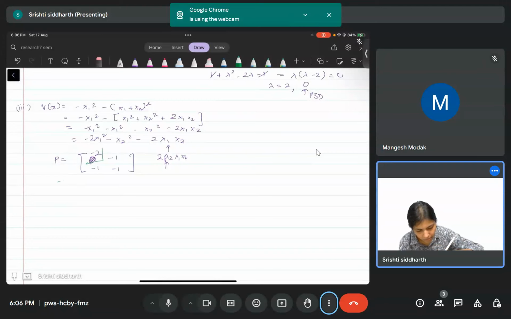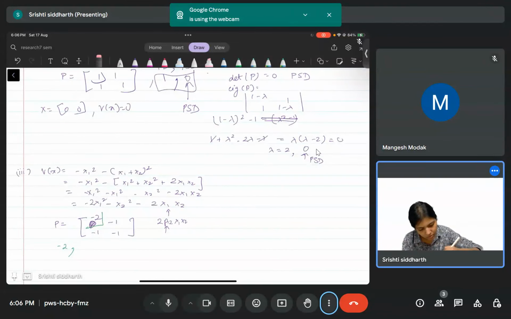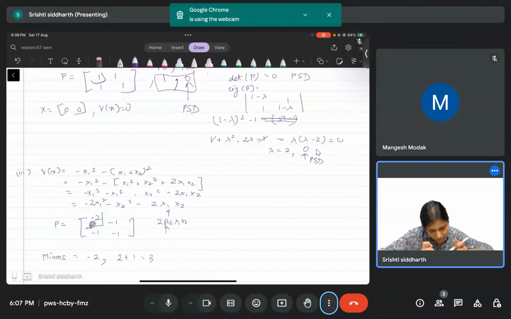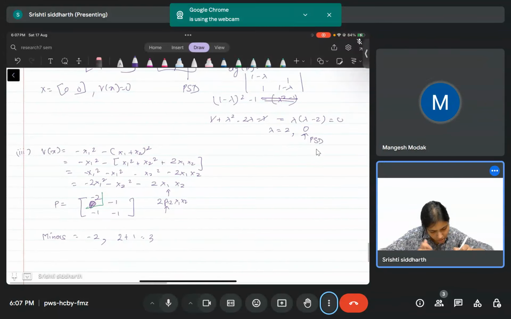This is the first one, minus 2. And then the determinant is going to be minus minus one. And then we have minus 100.